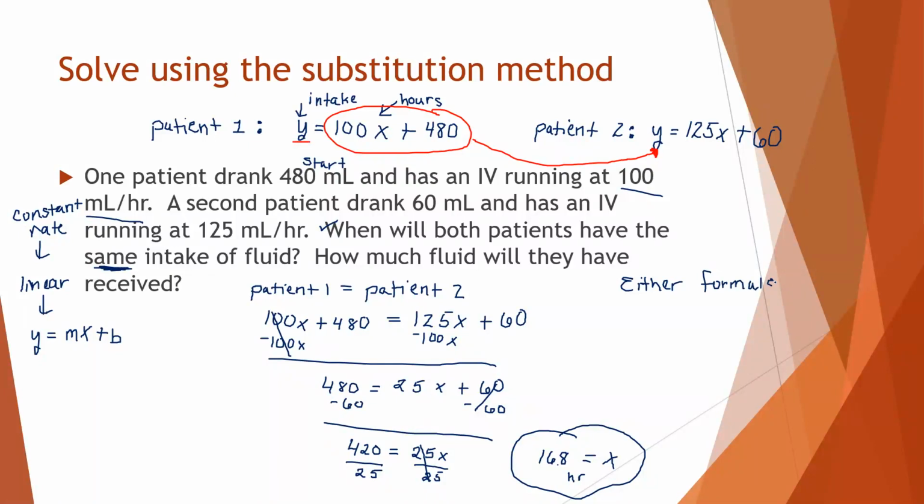In my formula, I will substitute my x value of 16.8 where the x is. So in the first formula, y is equal to 100, and instead of x, I substitute in 16.8, plus 480. I do that math on my calculator, and I came up with y equals 2,160.